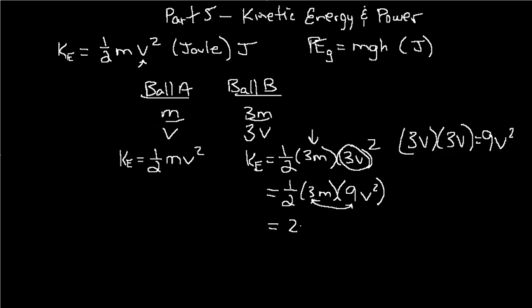So let me just move the 27 out. And then what's left is 1/2 mv squared. In other words, I took this 3 factor and this 9 factor, and I got 27. I'm left with m, I'm left with v, I'm left with the half, and I just pulled the 27 out. So I've got 27 times this quantity, and this quantity was, lo and behold, the kinetic energy of ball A.